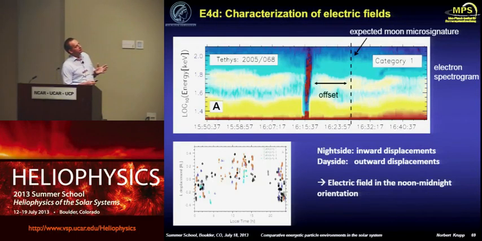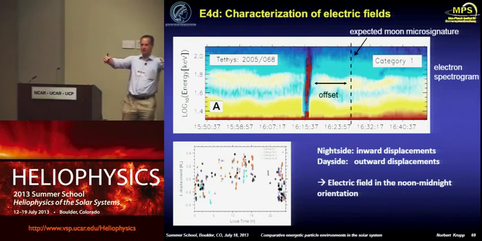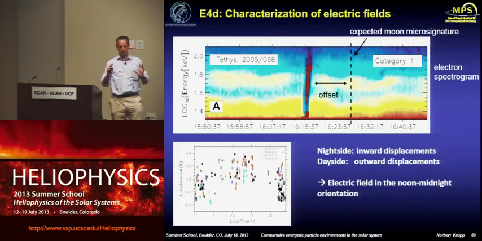And this is where you have expected that the absorption signature should have been. So by the displacement, this offset between the signature where you see it and the expected signature, you can determine that the entire magnetosphere has been stretched or has been somehow compressed at the time of the measurement.